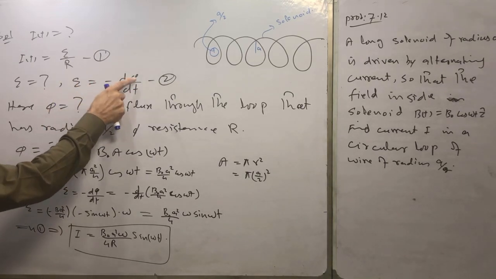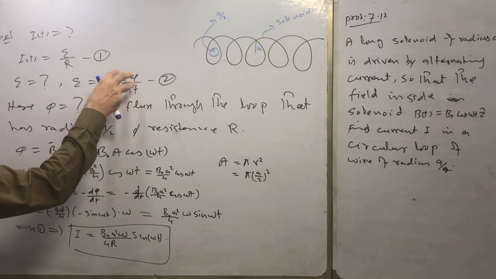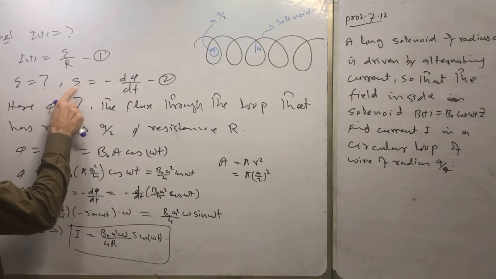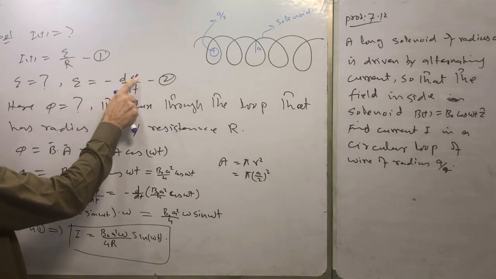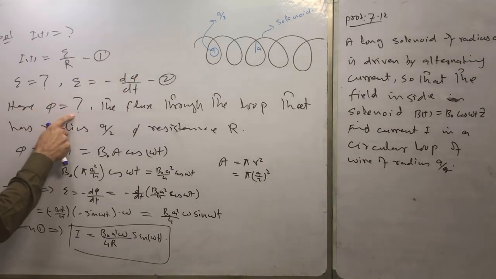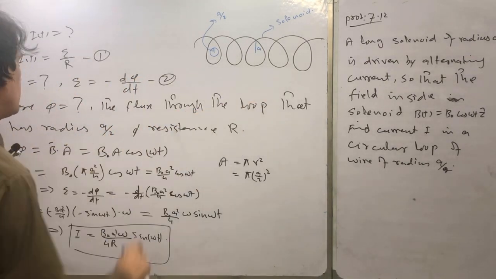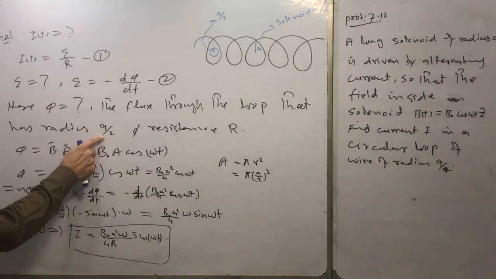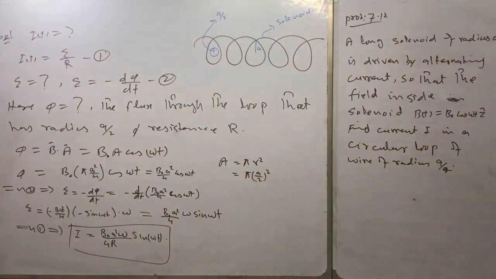E is equal to minus d phi divided by dt. Then, to find E, we must know phi, this flux. Here phi is unknown, the flux through the loop that has radius a divided by 2 and resistance R.